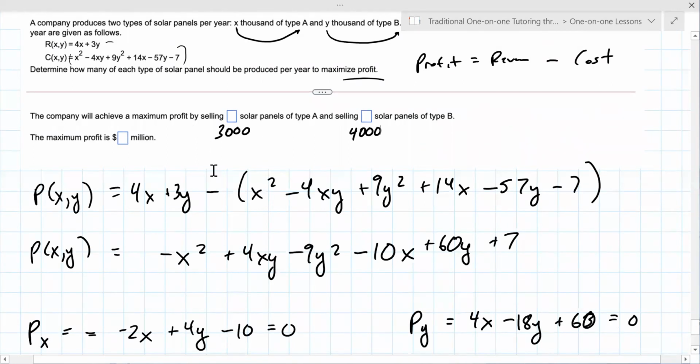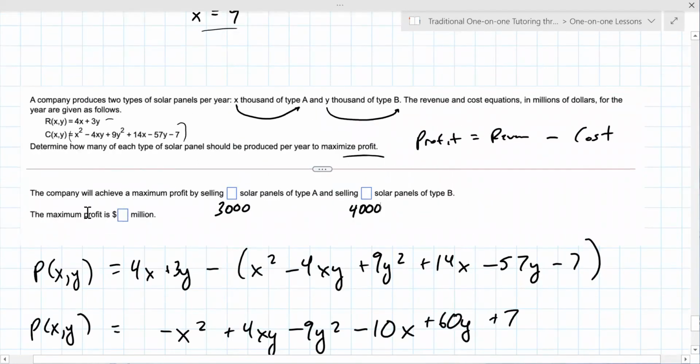But when we're actually finding the profit, when we're putting it back into this equation, we actually want to use x equals 3 and y equals 4, not the 3,000 and 4,000. Just want to be careful on that front there. So we do need to evaluate this awful function here with x and y. So get those plugged in.